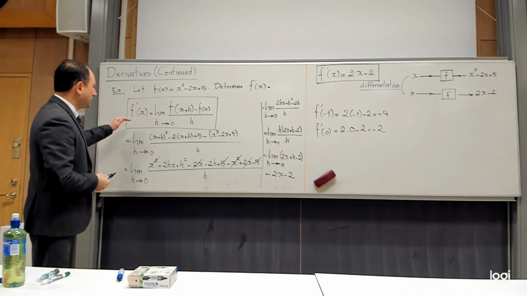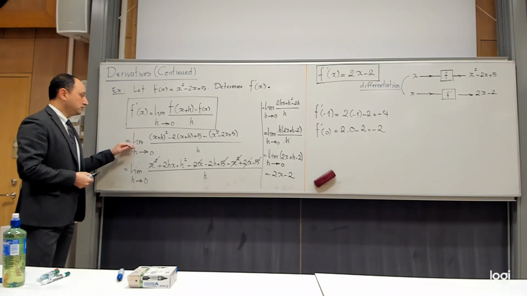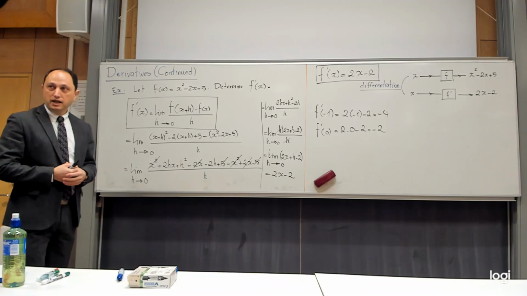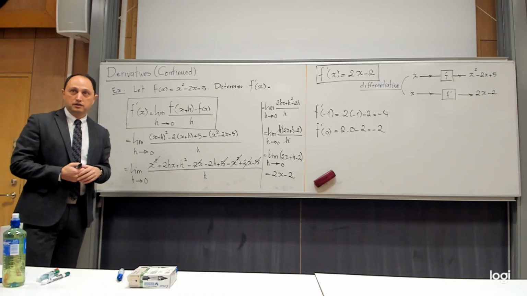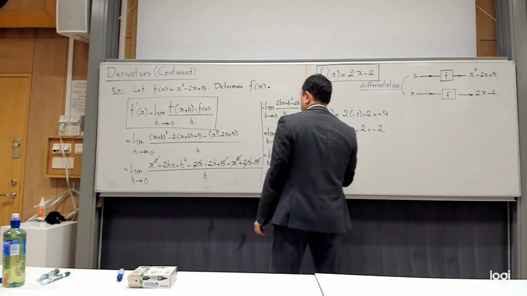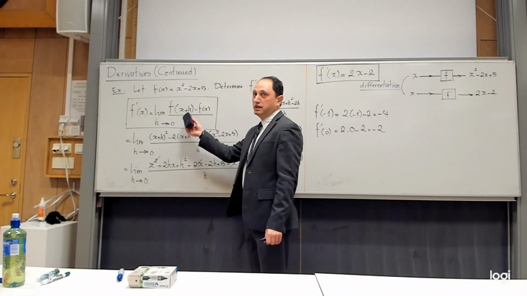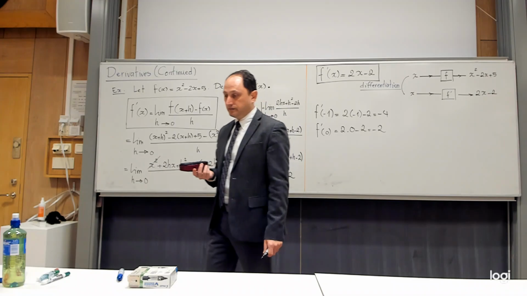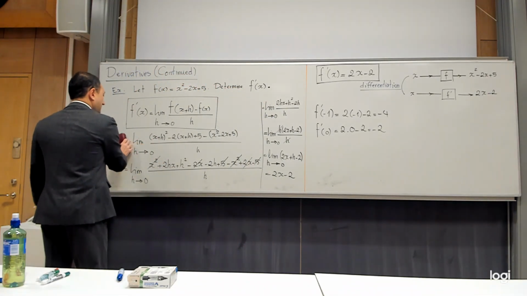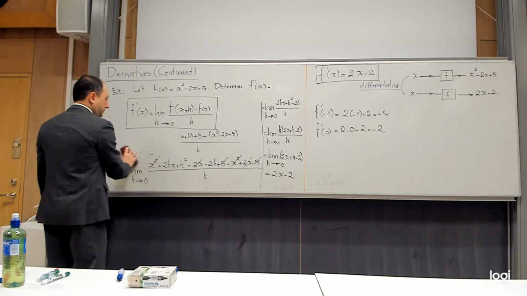I just want you to appreciate that if you do it in this naive way, it would be very horrible sometimes, and by the way, sometimes impossible. That is the point we want to consider here, because calculating limits in general is not easy. So let me give you 2 more examples, okay?